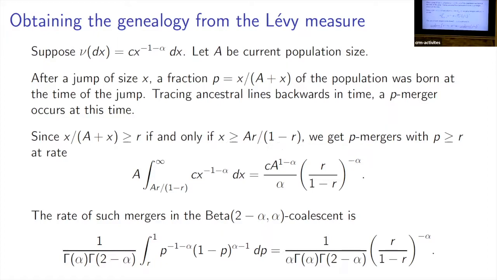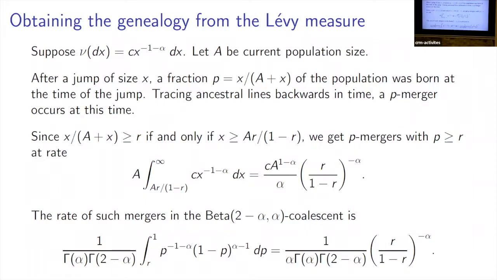And so to find the rate of those events, we observe that the rate is proportional to the size of the process A, and then we multiply that by the Lévy measure from A times r over 1 minus r to infinity. And we end up getting this constant times A to the 1 minus alpha times (r over 1 minus r) to the minus alpha.